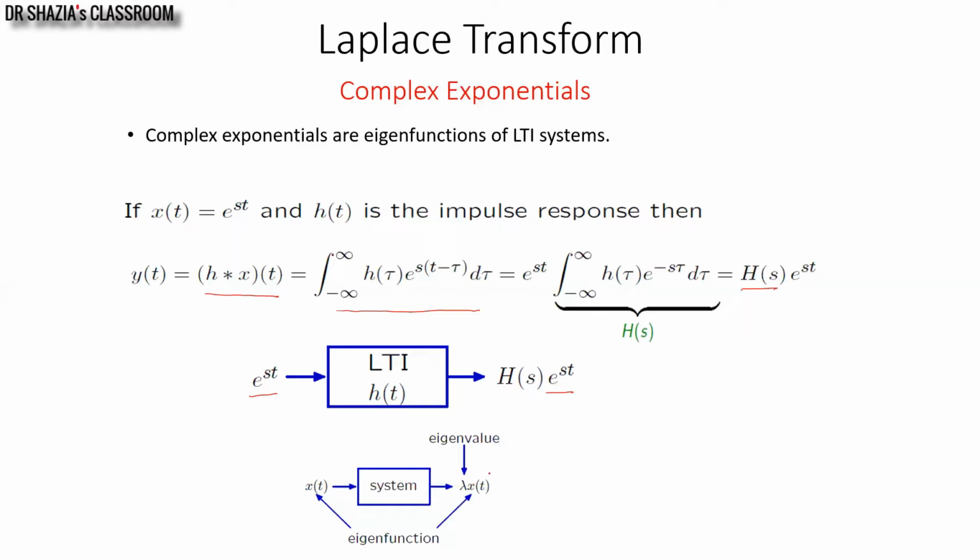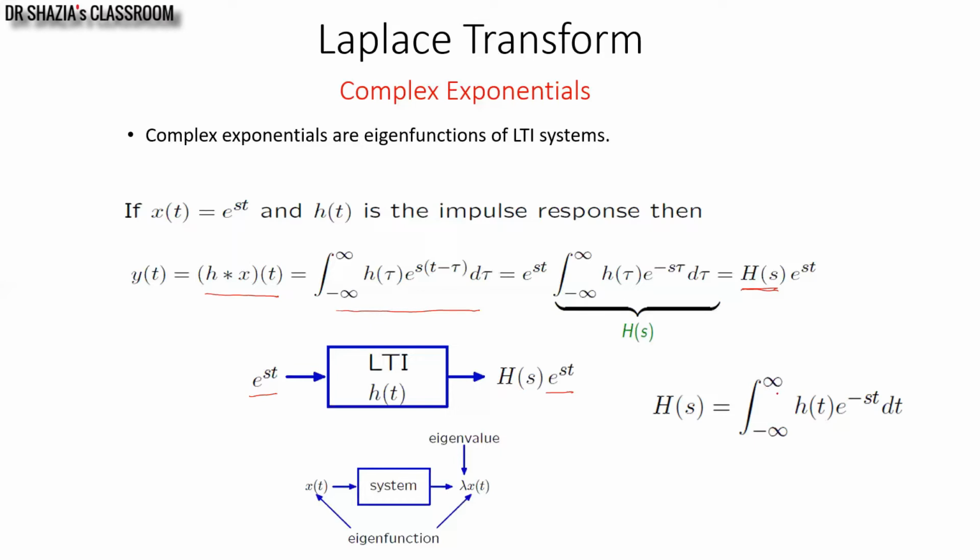Now the eigenvalue generated by the LTI system is h of s, which is the Laplace transform of the impulse response h of t, and it can be written as the integration of h of t e to the power minus st dt from minus infinity to infinity.